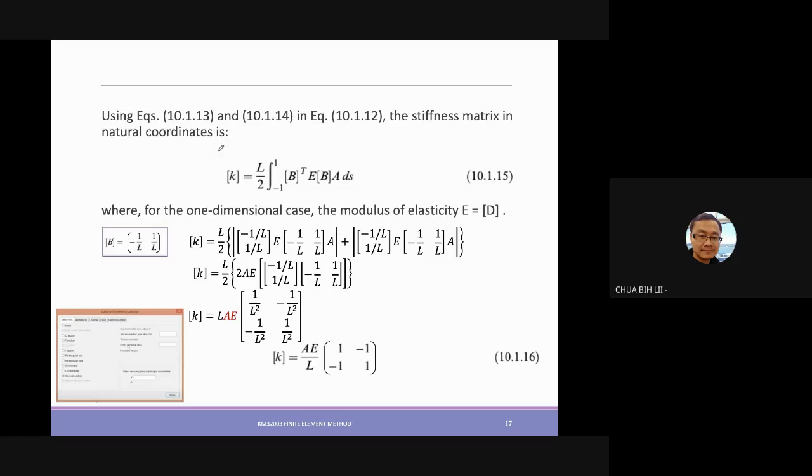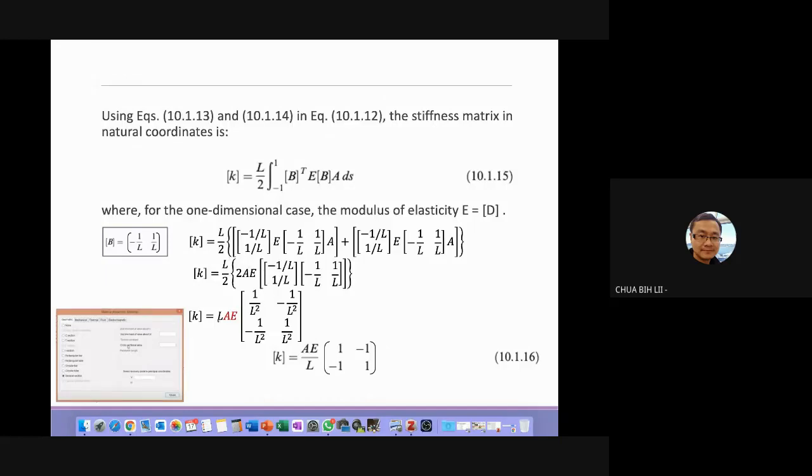Then from there onwards, we plug in the B matrix, with the inverse transform, and you can derive or expand onwards. Put this L over 2 in and rearrange.